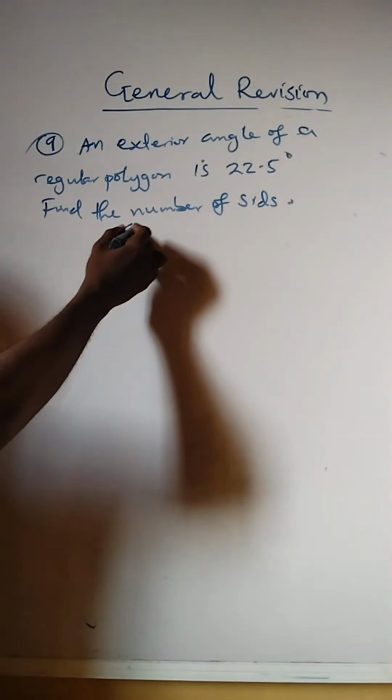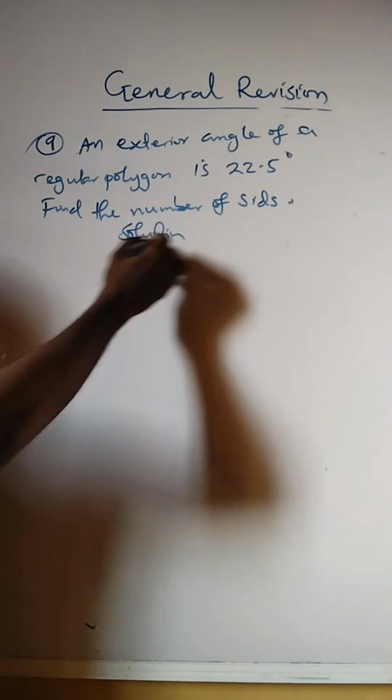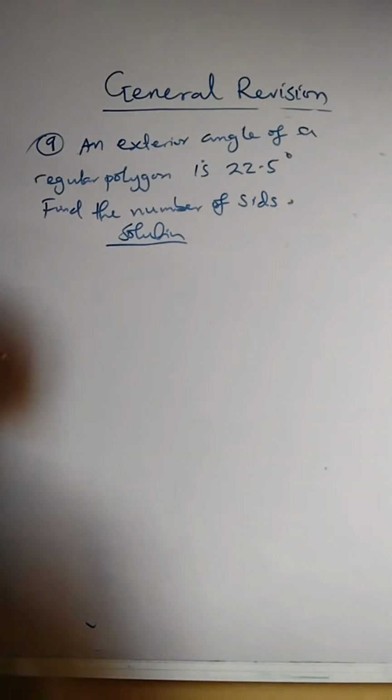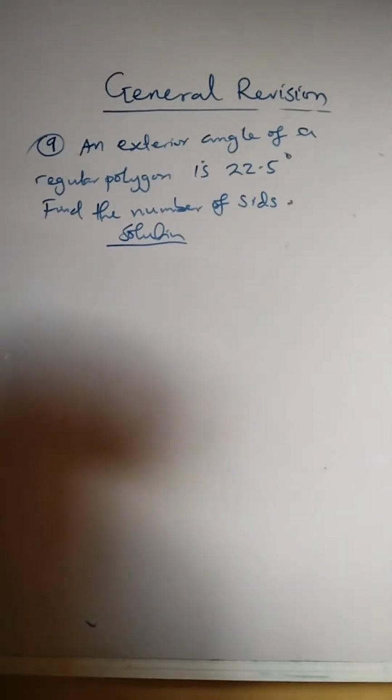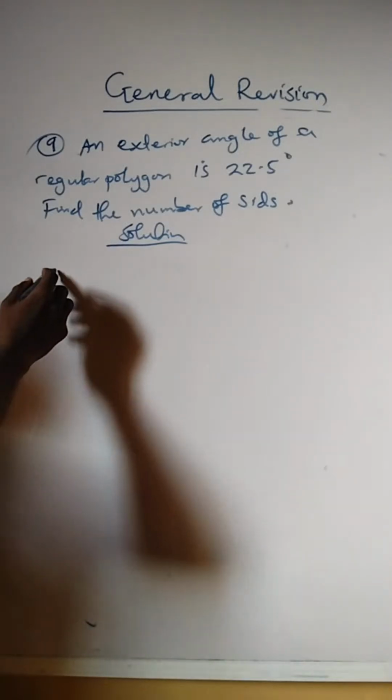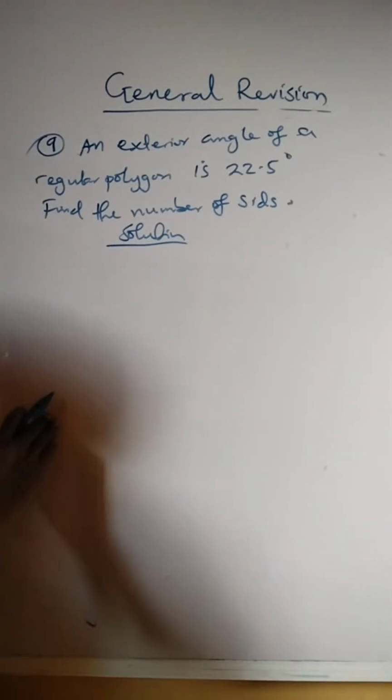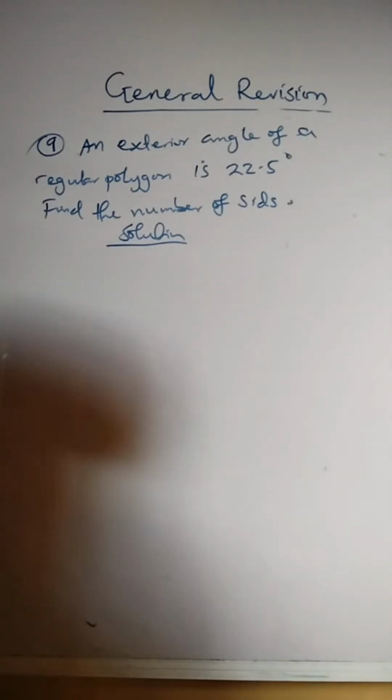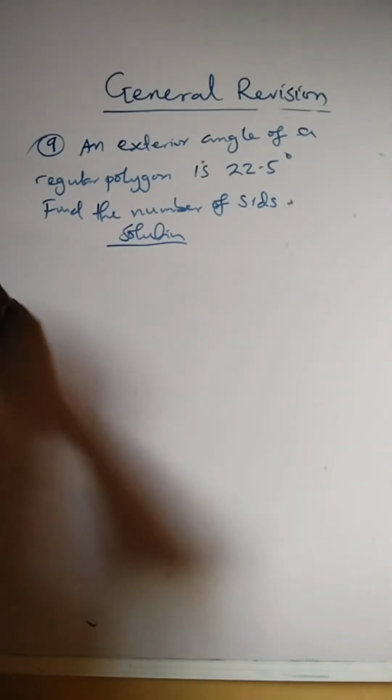Solution here. For a regular polygon, all the exterior angles are equal. That's why it's a regular polygon. They have the same angles. And the sum of exterior angles is 360 degrees, no matter the number of sides.